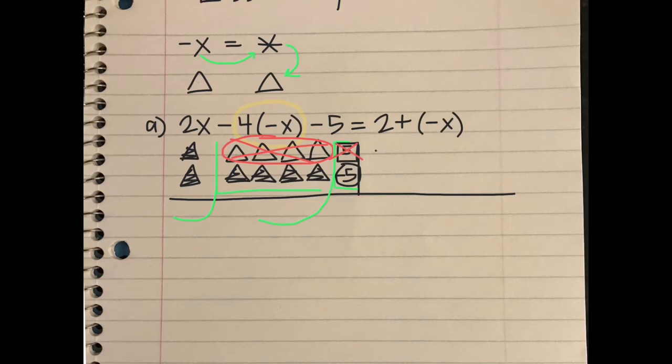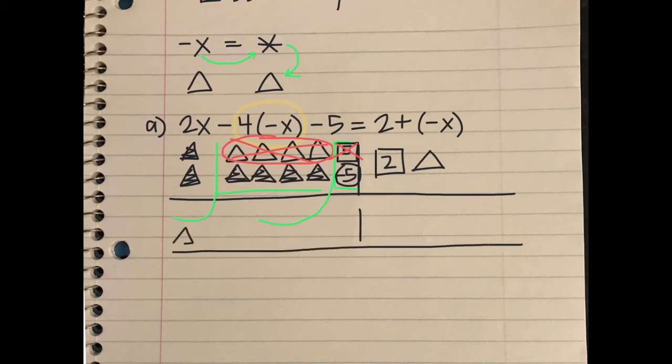On the right, I've got 2 plus that negative x, which is the same as a star. Now, I know I'm going to have to rewrite. One, 2, 3, 4, 5, 6, and a negative 5 on the left, a 2 and a star.